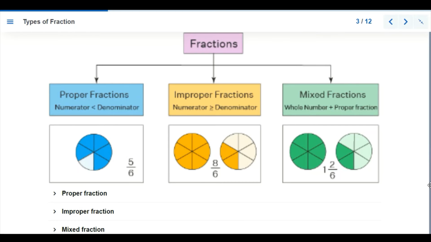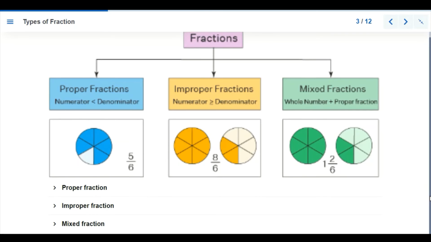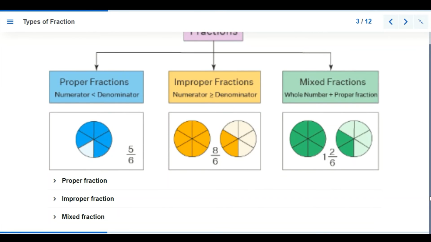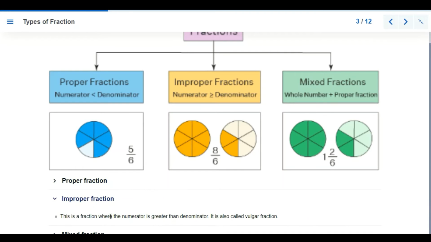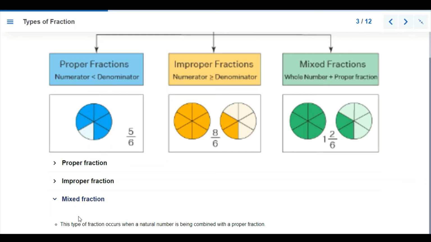Let's look at the proper fraction first. In a proper fraction, the numerator, which is the top number, is smaller than the denominator. For an improper fraction, the numerator is greater than the denominator, and we can also call this type of fraction a top-heavy fraction. Then we're talking about mixed fraction. It has a whole natural number and a proper fraction.